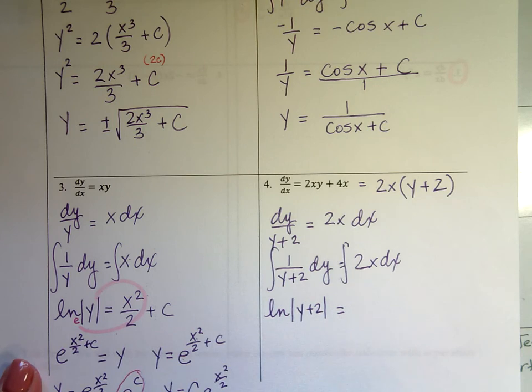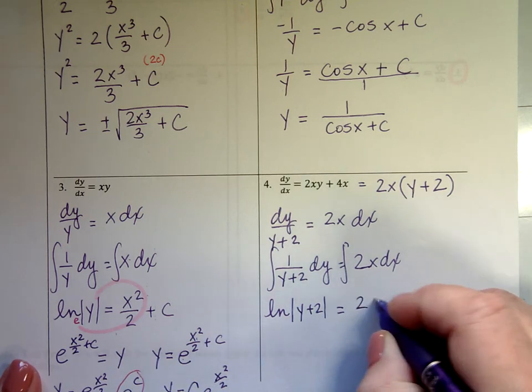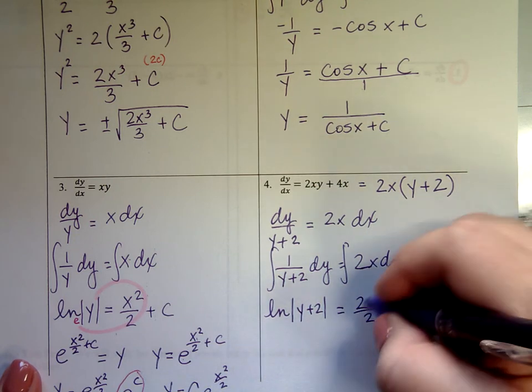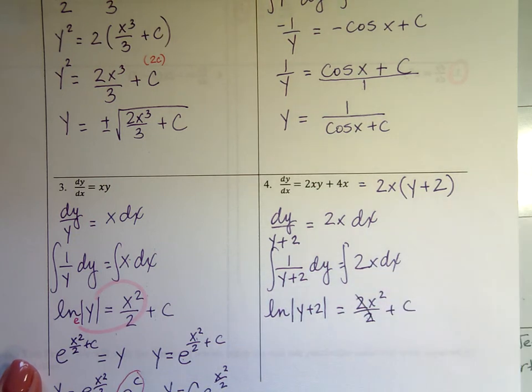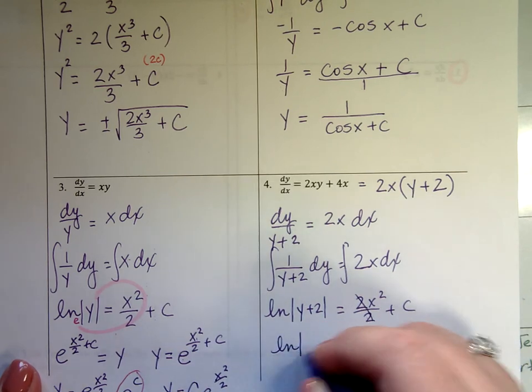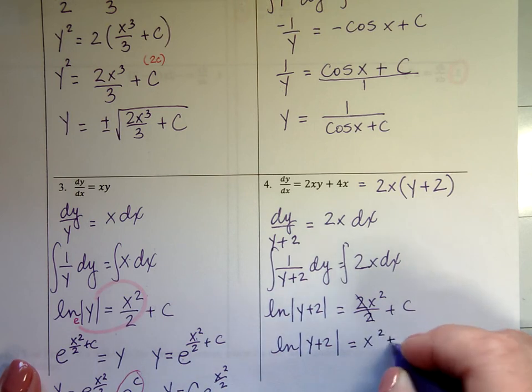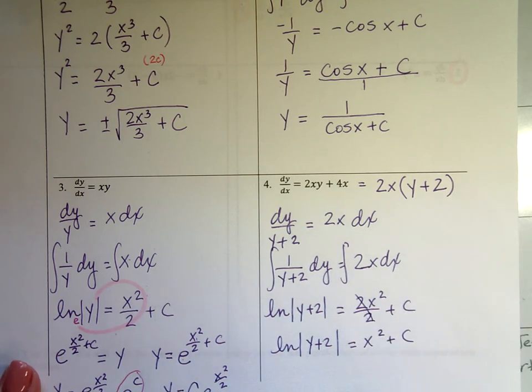So when you take an ln, you've got an absolute value with it. This one would be 2x squared over 2 plus c, where these 2's cancel. So my next best piece is the ln of y plus 2 equals x squared plus c.